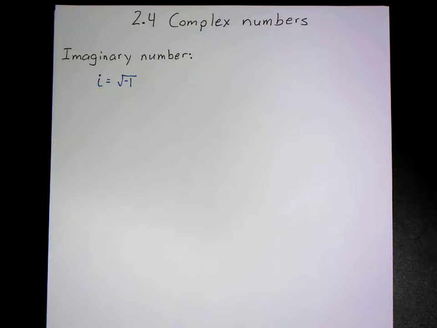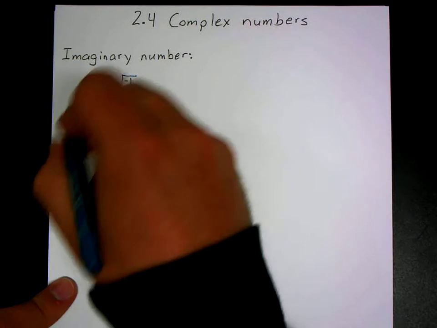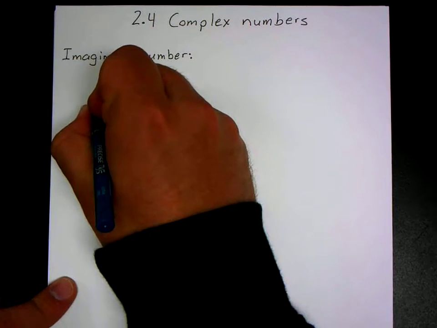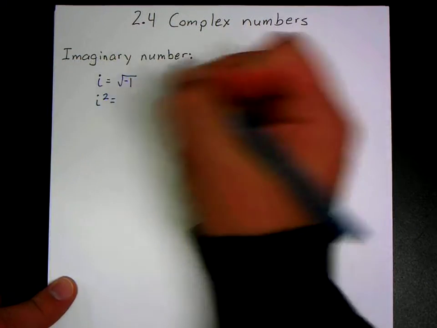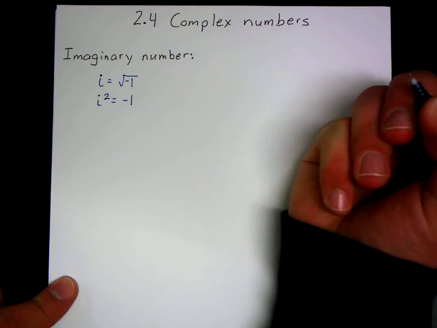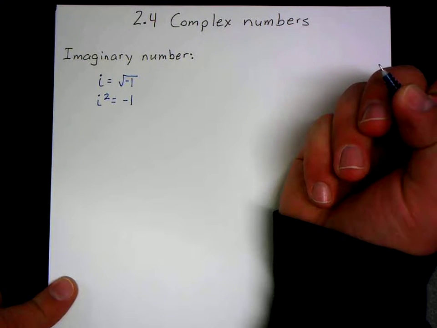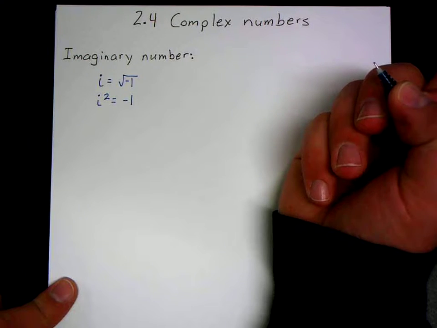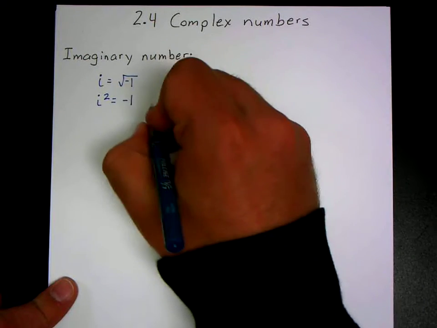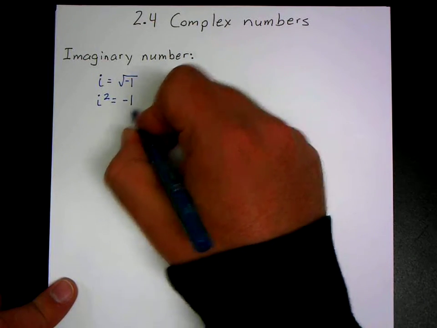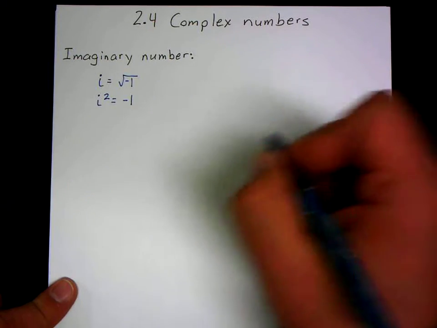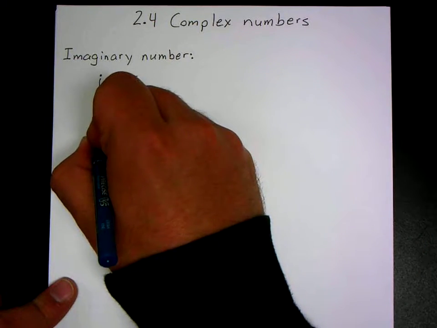Going through a couple things with that. So that's i. What is i squared? -1. Now, basically, that's all you need, but there's a little bit more to i that we can talk about.